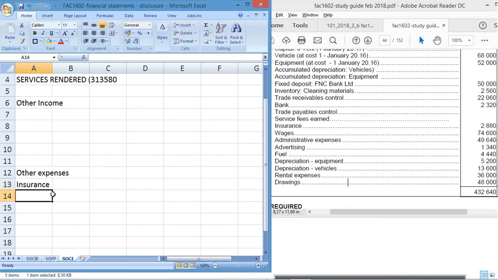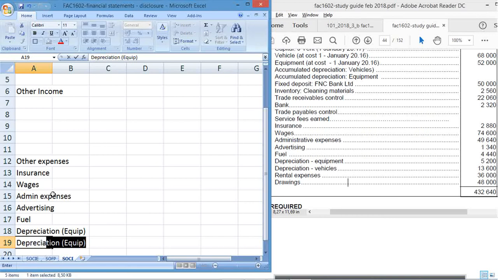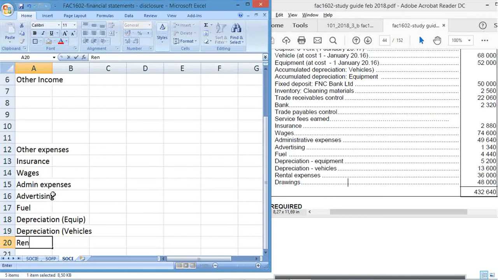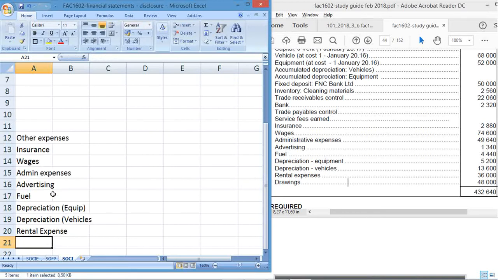Okay, let's read them out. Wages, admin expenses. Next, advertising, fuel, depreciation on equipment, depreciation on vehicles. And then rental expense. What else? Is that it? That's it. Okay, great.